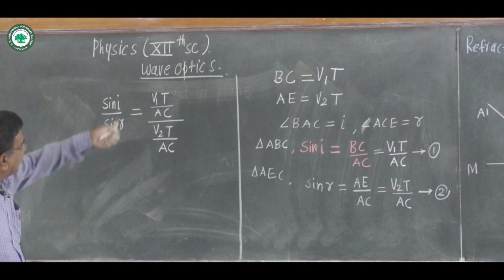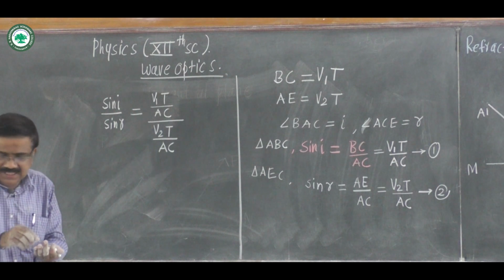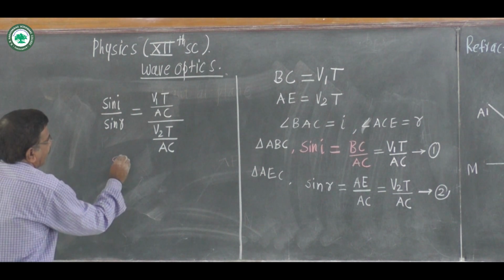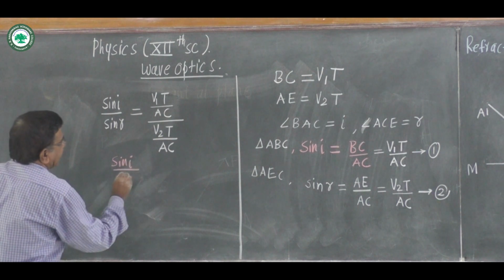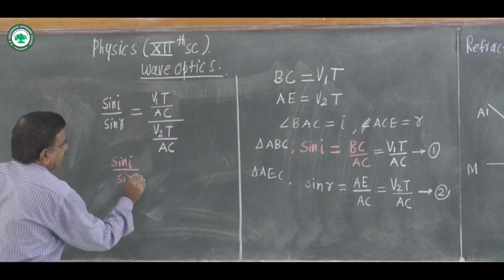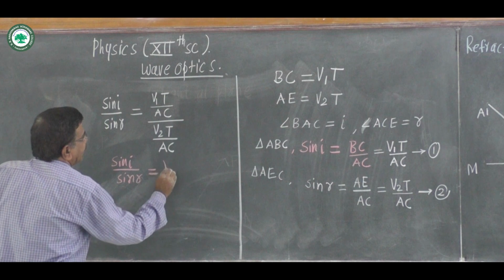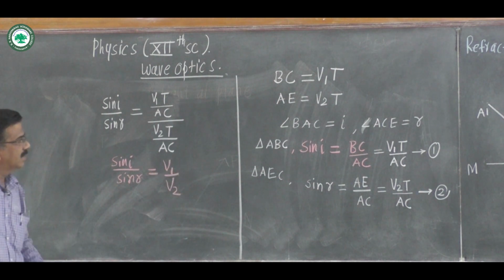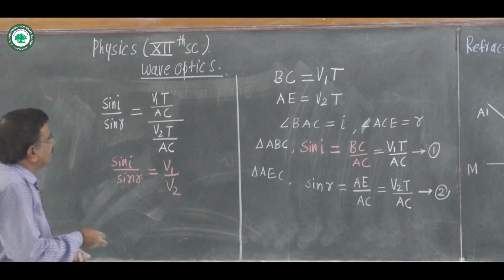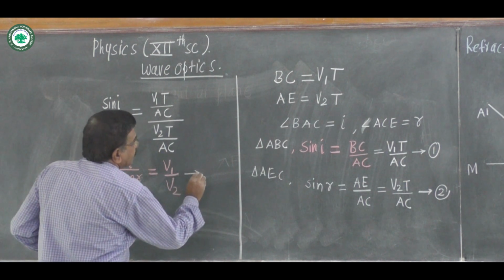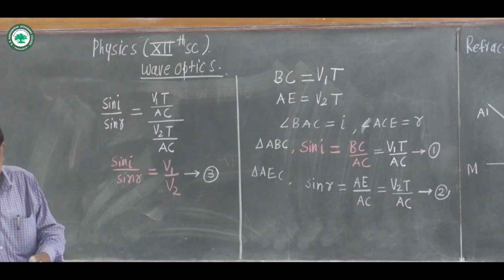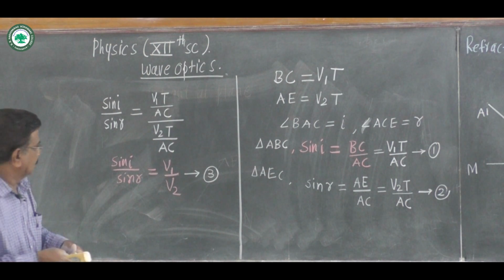AC gets cancelled, T gets cancelled, and we get sin I upon sin R is V1 upon V2. Suppose this is equation number 3.